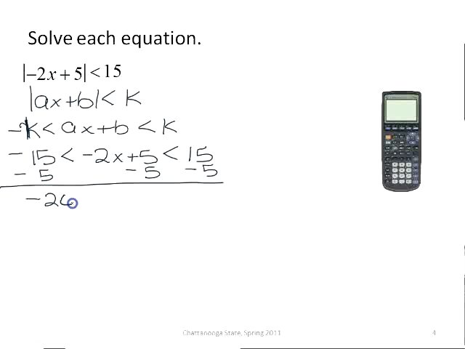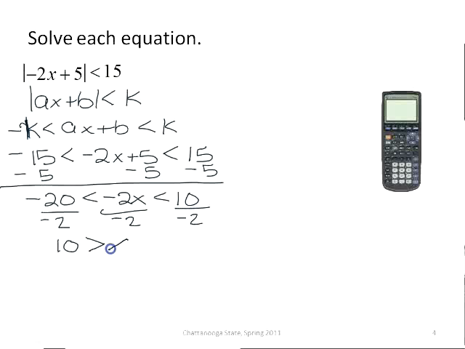Now I solve this by getting my x by itself in the middle. So I have to subtract 5 from all three parts of this compound inequality. So this will give me negative 20 is less than negative 2x is less than 10. Now I need to divide everything by negative 2.